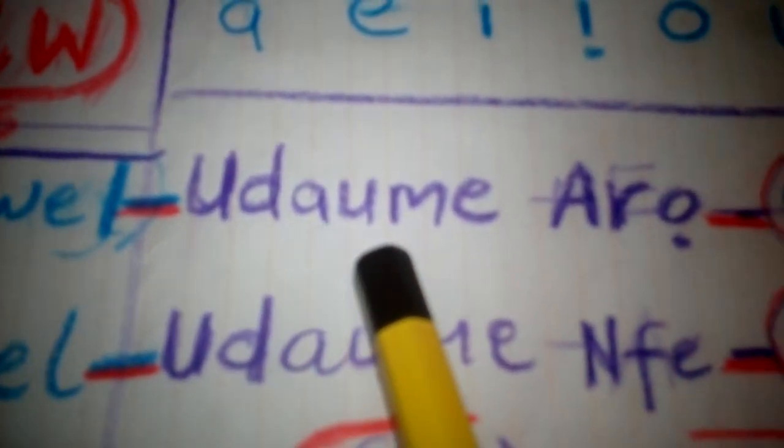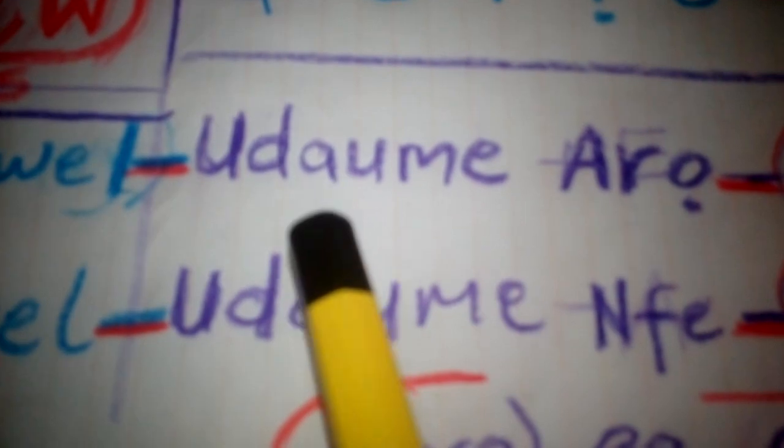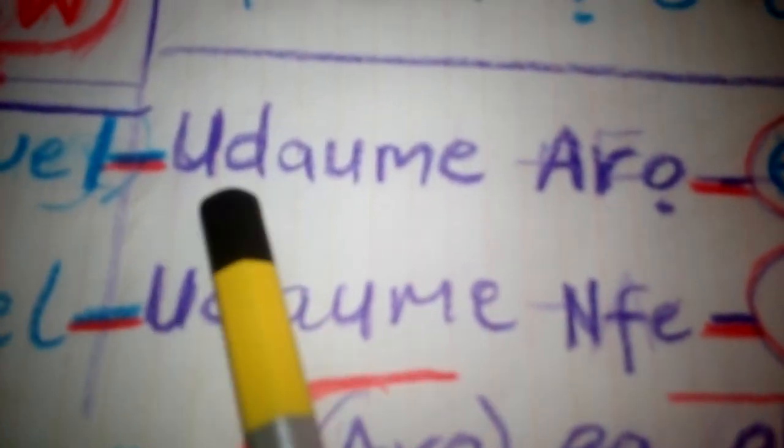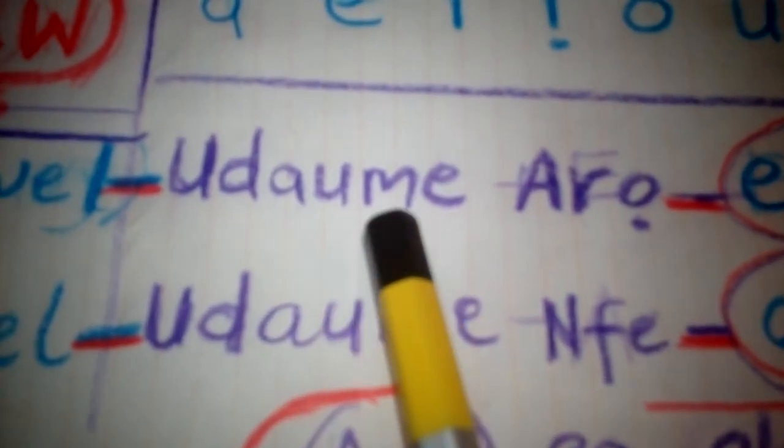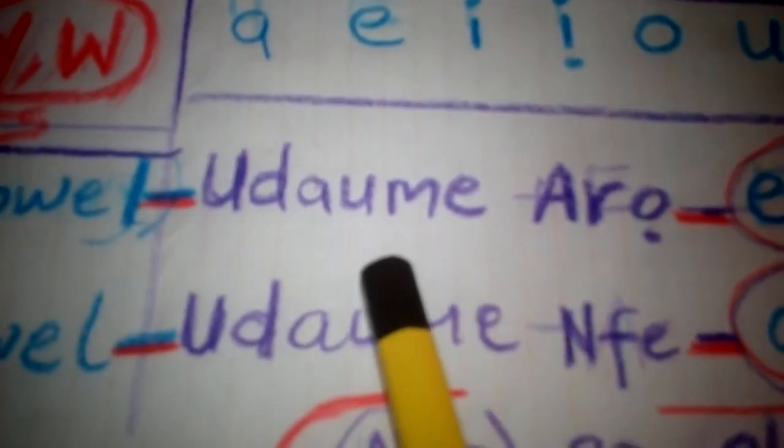You see U here and A here mixed up. Why is this mixed up? Because it shows that there are two words together. That's how to know that these words are joined together. Though we have some exceptions, but few.